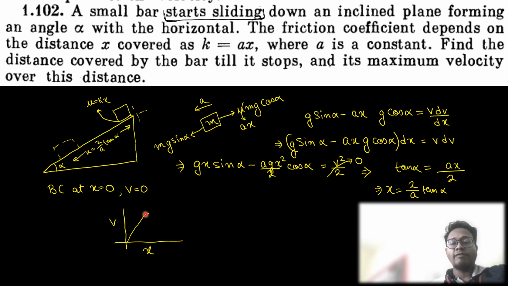After a certain time, what happens? The direction of acceleration reverses. Why? Because now friction force becomes dominant. If friction force becomes dominant, velocity will try to decrease, because velocity and acceleration are in opposite directions, and again it will come to rest out here.